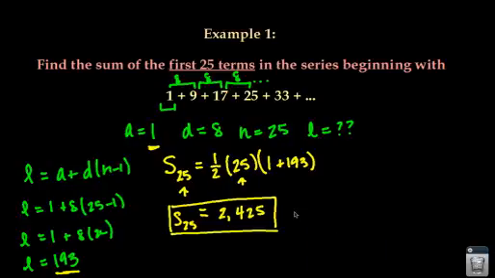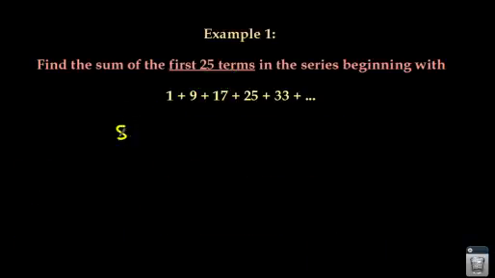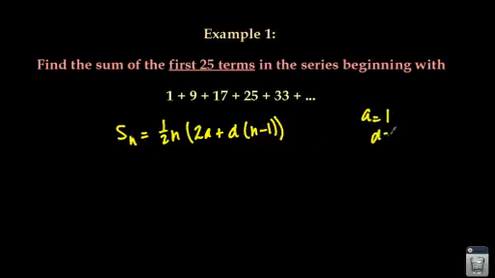But if I didn't want to do that, I could use this other equation, which is what we talked about. You'll see I don't have to have the last term here, but I do need to know the common difference. Remember, A is 1, D is 8, and n is 25.